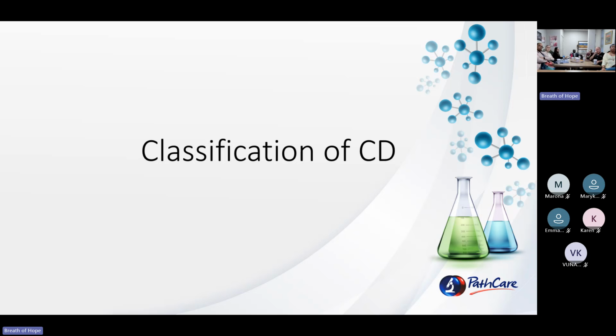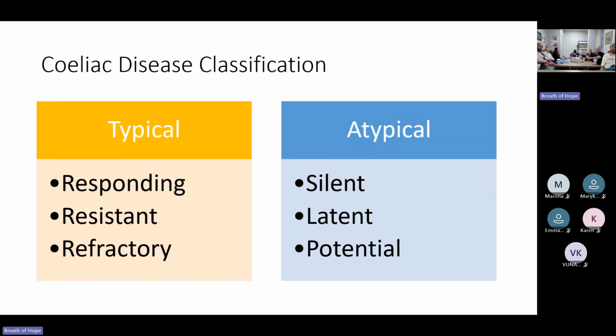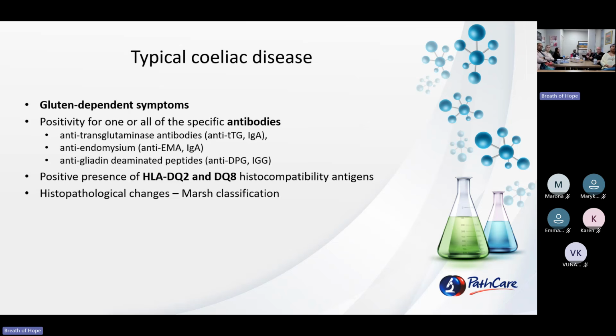Classification of celiac disease, there have been a few proposed over the years. The one that I'm going to describe is that of typical and atypical. So under your typical, you have responding, resistant, and refractory. And under your atypical, you can have silent, latent, and potential. So your typical celiac disease have the gluten-dependent symptoms.